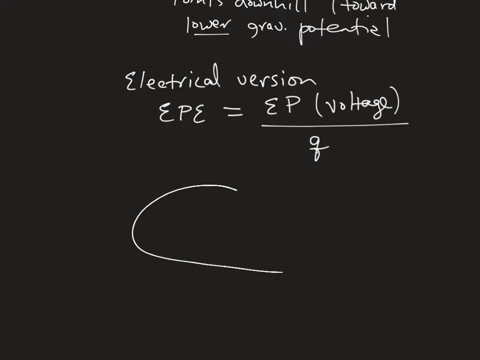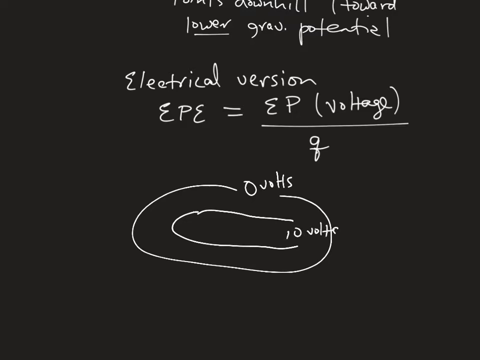I could have a place where this is 0 volts, and then this could be the line for all the places that are 10 volts, and that one could be, say, 100 volts or something like that.